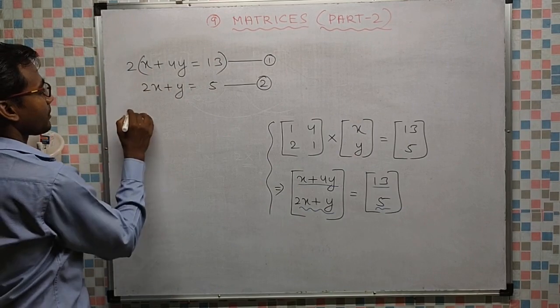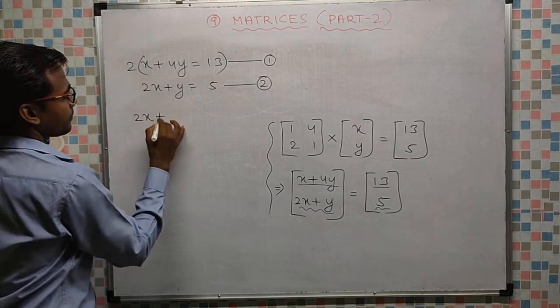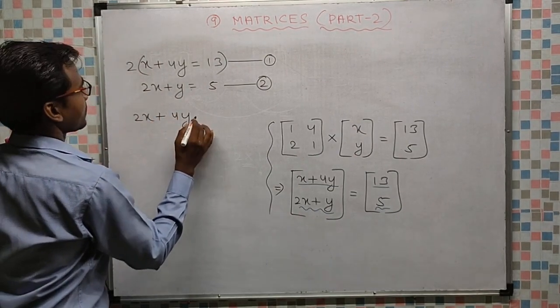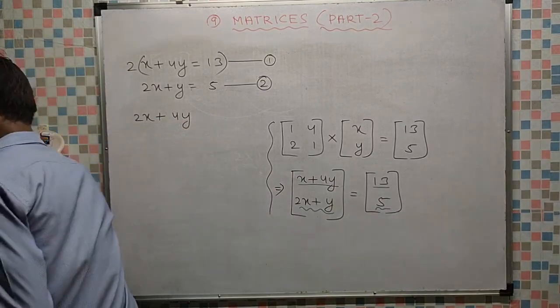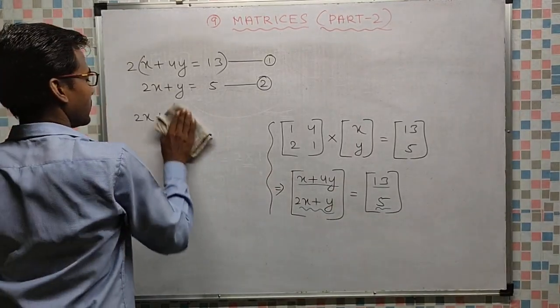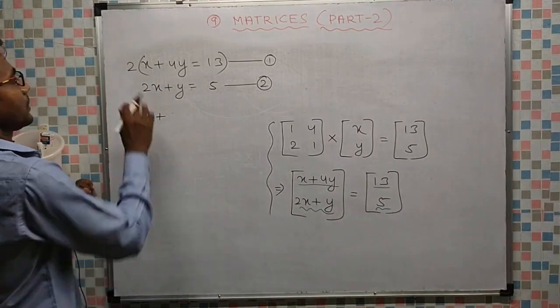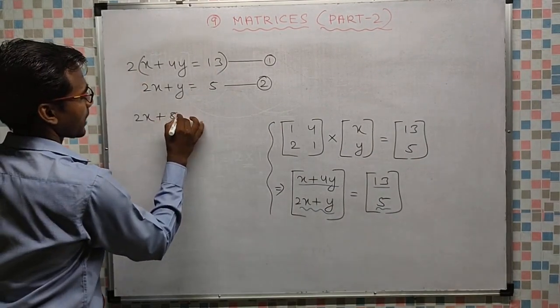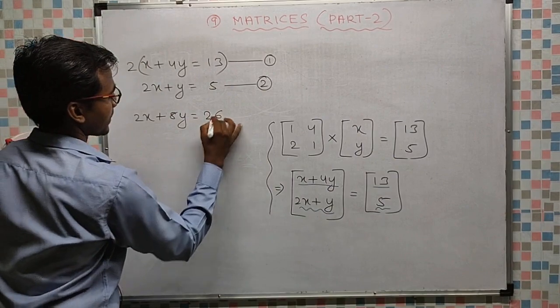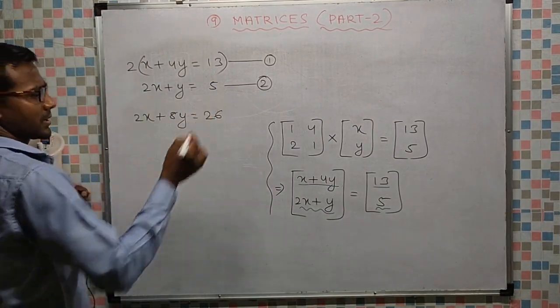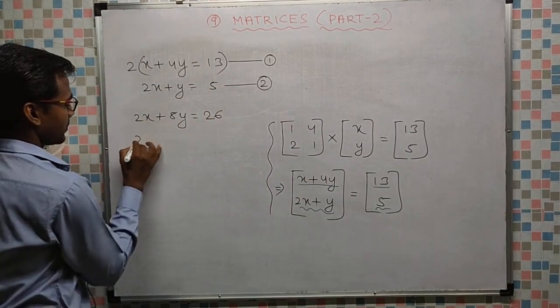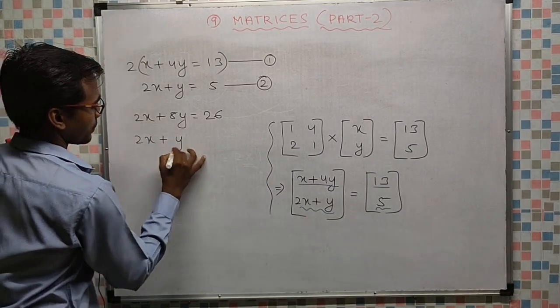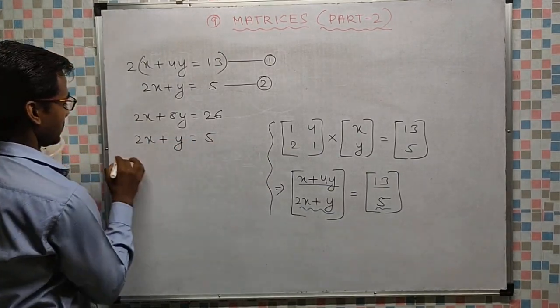2 is multiplied with the first equation, so 2x plus 8y is equal to 26. Second equation as it is, 2x plus y is equal to 5.